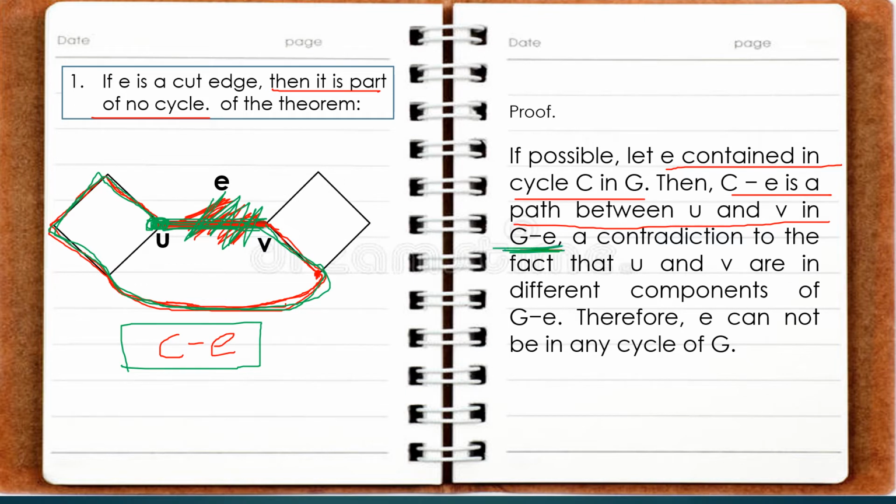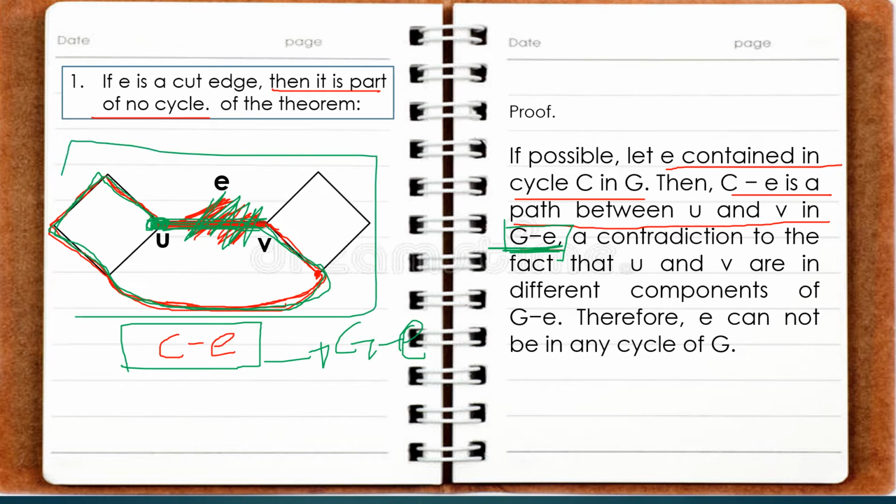However, when we say C minus E, that will also result as G minus E. Again, when we remove E from the cycle, which is C minus E, that is the same as G minus E, because this is the entire graph. This is G, right?